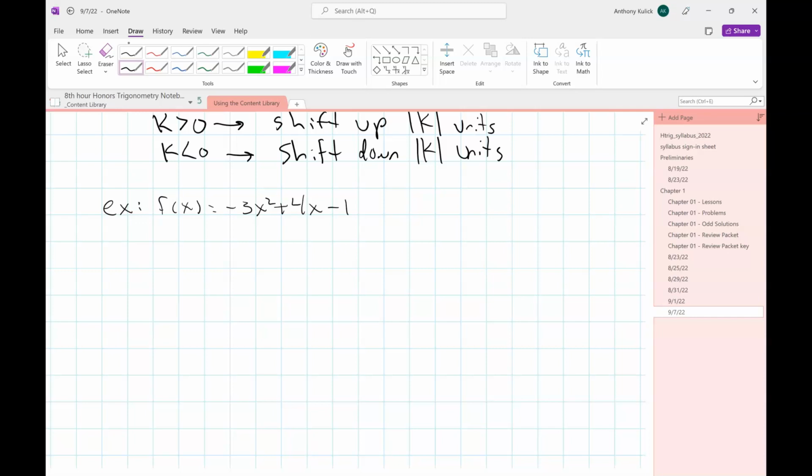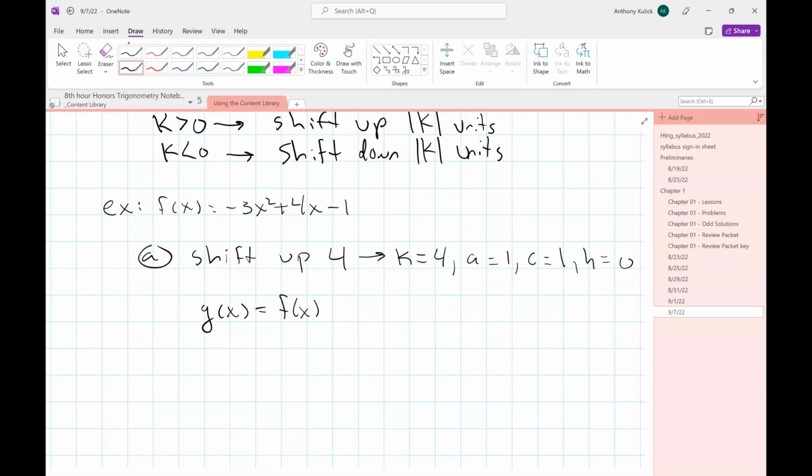Take our same f of x, and we're going to shift up 4. That tells me that K is 4, A must be 1, C must be 1, and H must be 0. So my g of x is just going to be f of x plus 4, or negative 3x squared plus 4x plus 3.